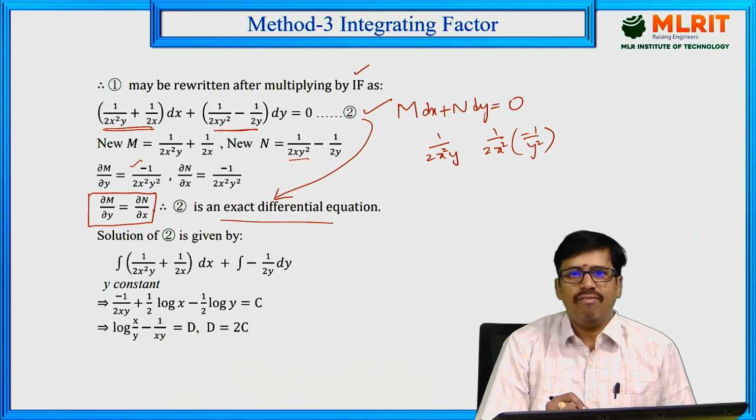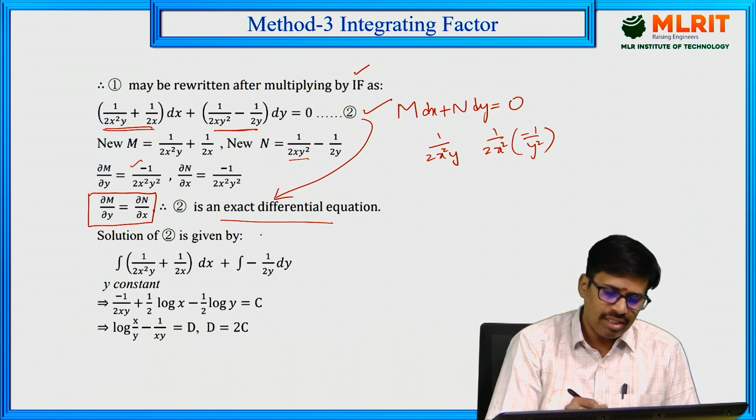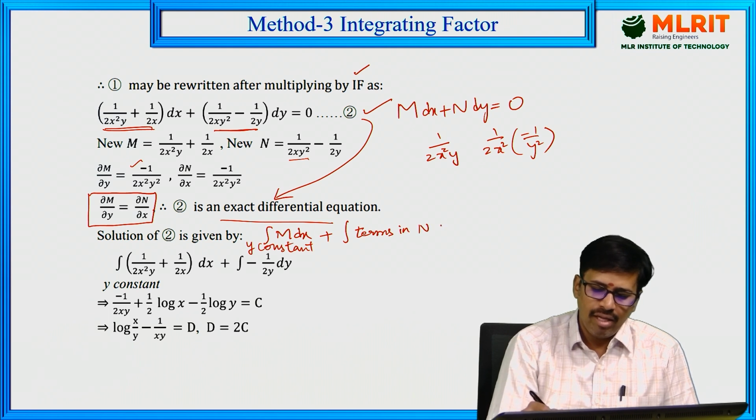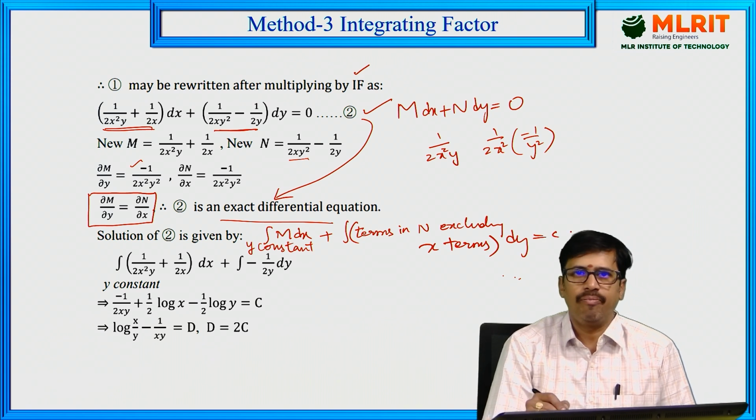Once it is an exact differential equation, we know how to find its general solution. The general solution is given by the integration of M dx, where y is treated as constant, plus the integration of terms in N excluding x terms, dy, equal to some constant c.